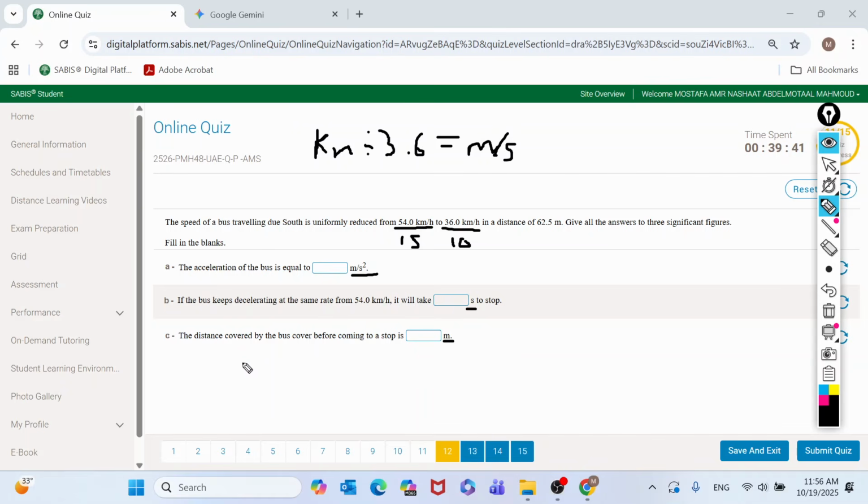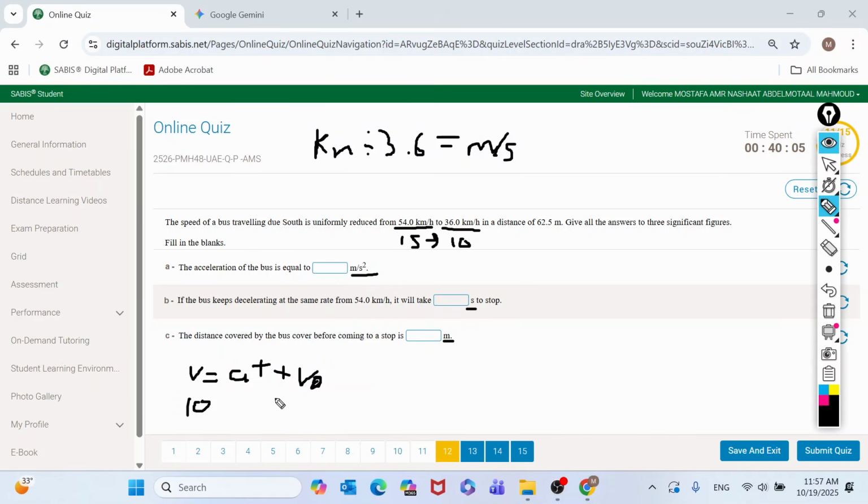Okay, let's do acceleration. We're going to use the formula V equals A T plus V0. So V is 15. Oh no, V final is 10, because it goes from 15 to 10.